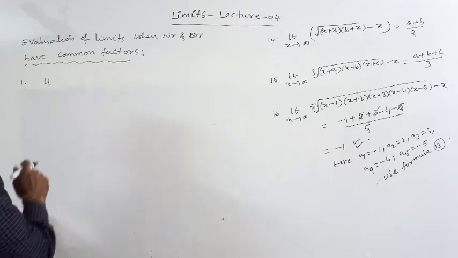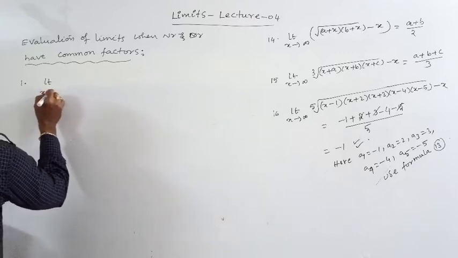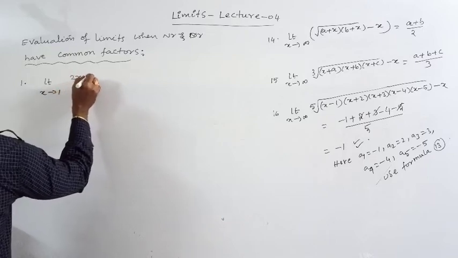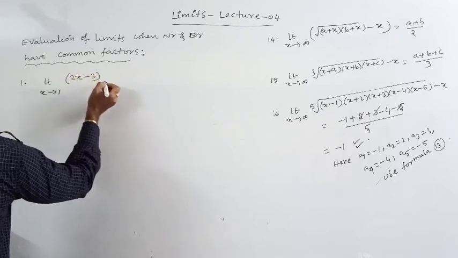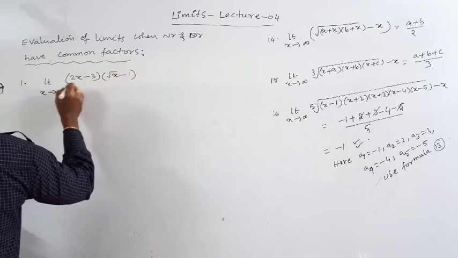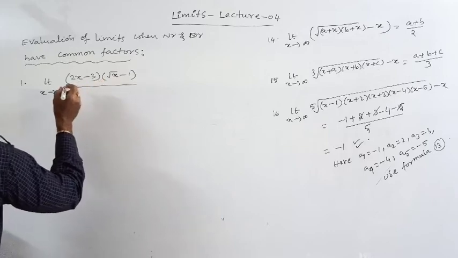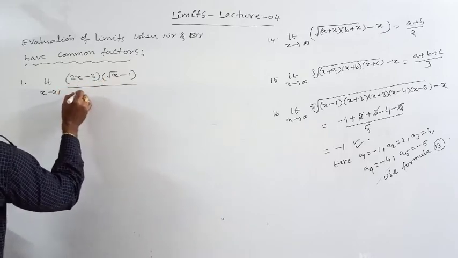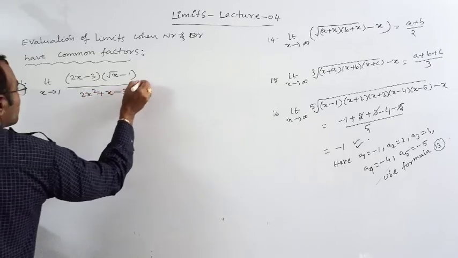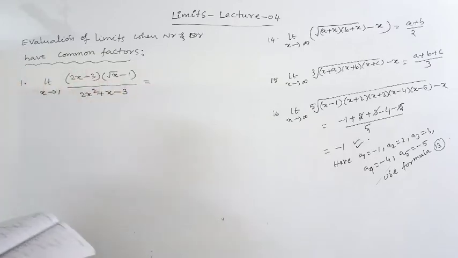Limit x tends to 1, (2x minus 3) into (root x minus 1) by (2x square plus x minus 3). This you take. It will have common factors.